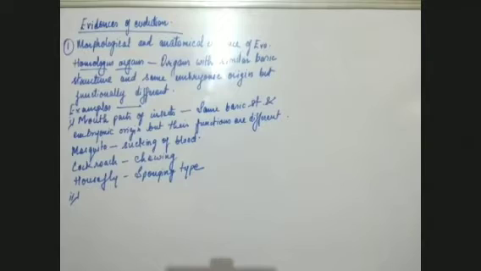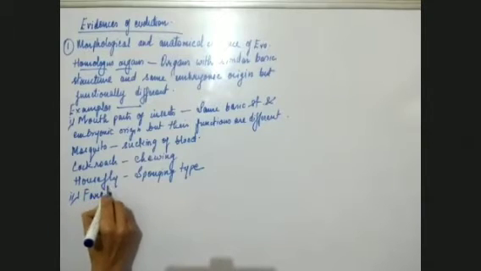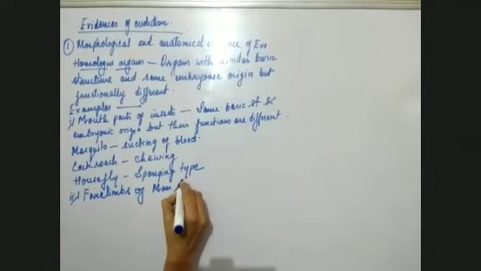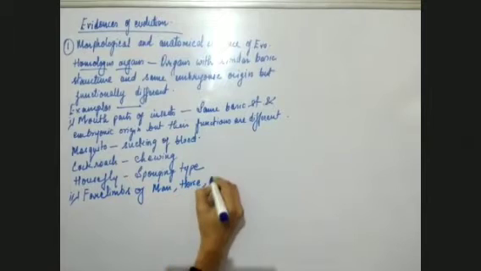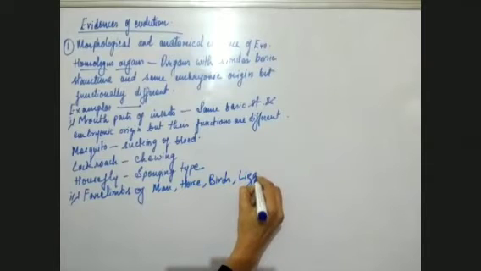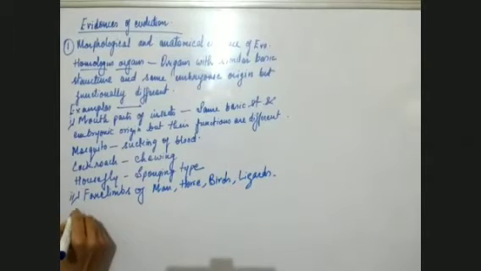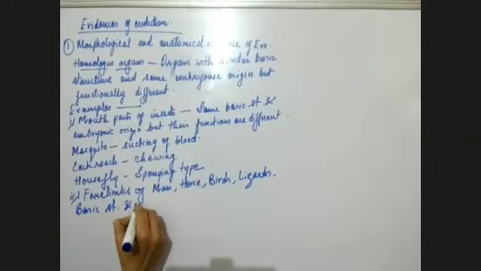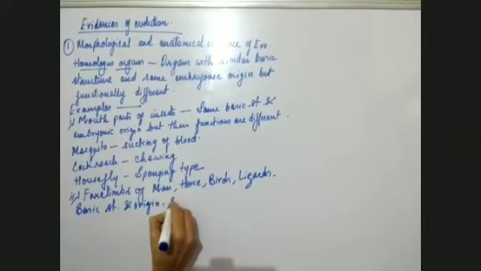Another evidence of evolution is forelimbs. If we see the forelimbs of man, bird, lizard, etc., or a horse, the basic structure and embryonic origin is same.